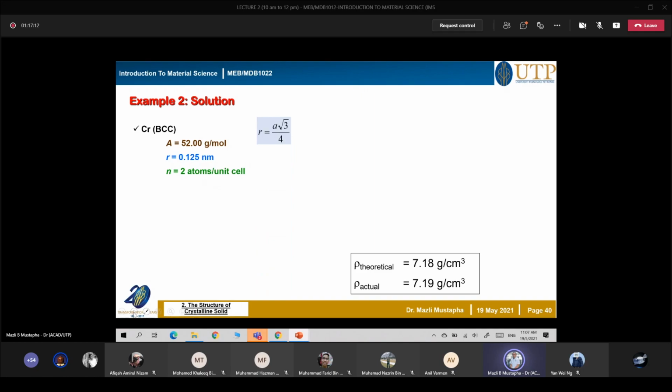And then we know this relation. How do we know this relation? It's the formula we have derived for body-centered cubic, the relation between R and A. Sometimes you need to draw it or not, because this one is easy for me since this is PowerPoint.